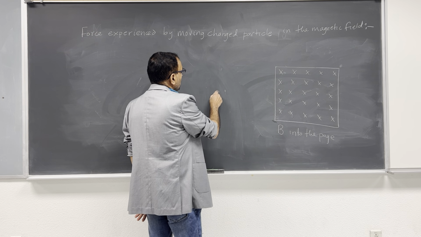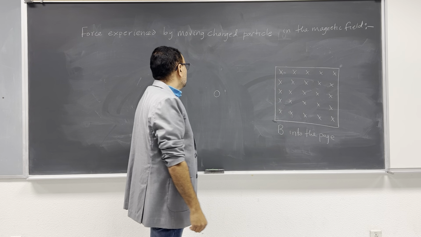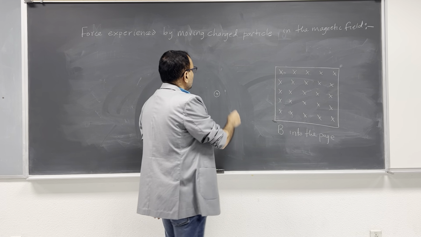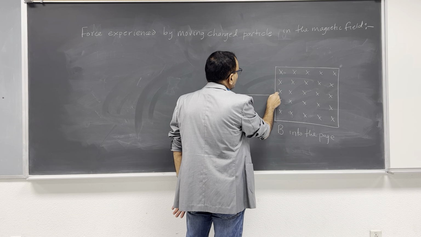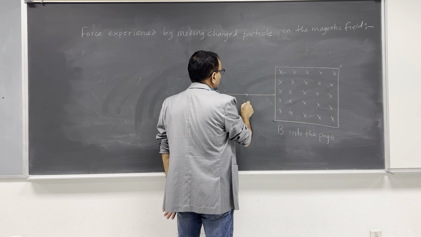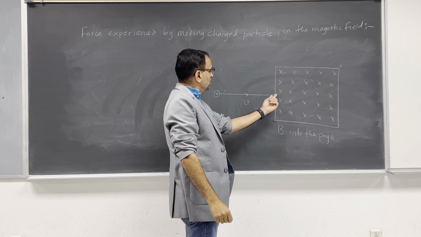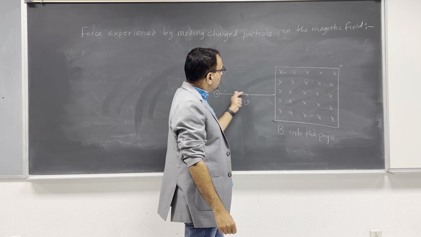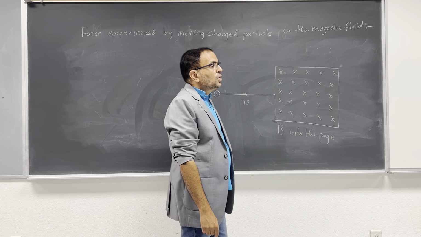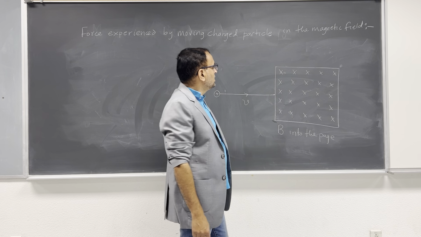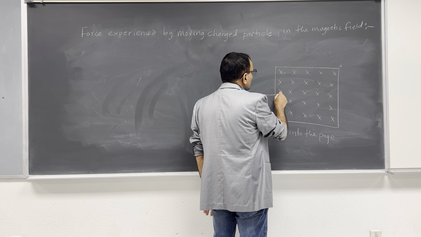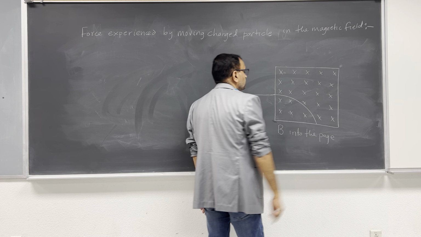Let me take a positive charge, like a proton, and the speed of the moving charged particle is v. Up to this line, there is no magnetic field. Now the charged particle enters the magnetic field. Once it enters, it experiences a force and moves in a circular path like this.